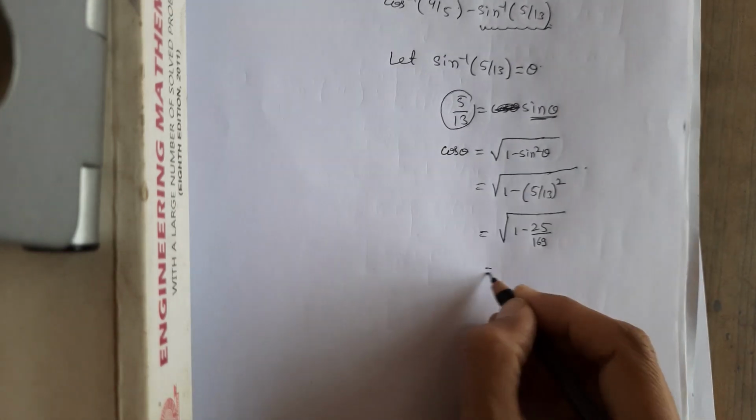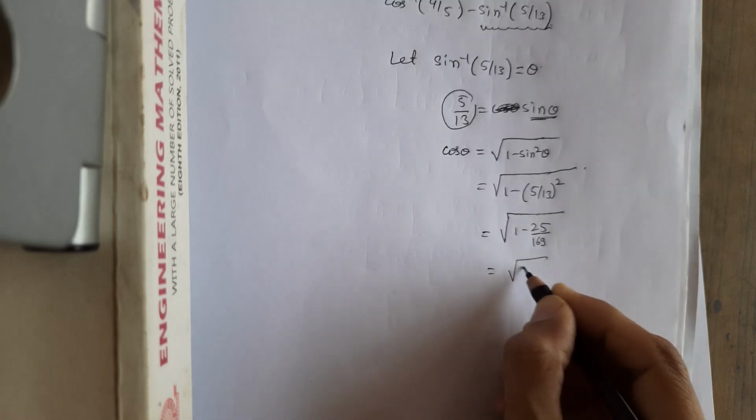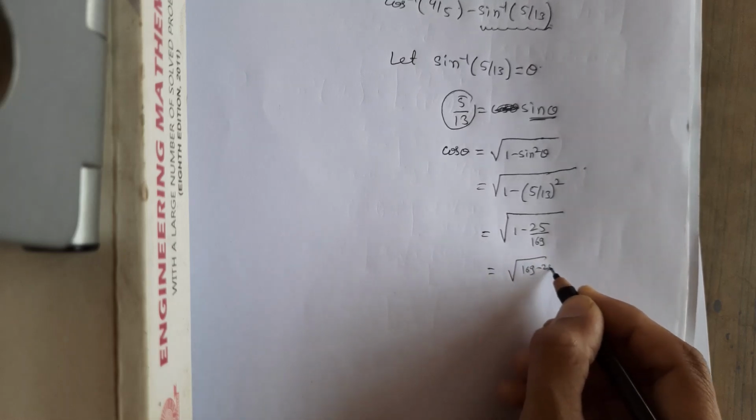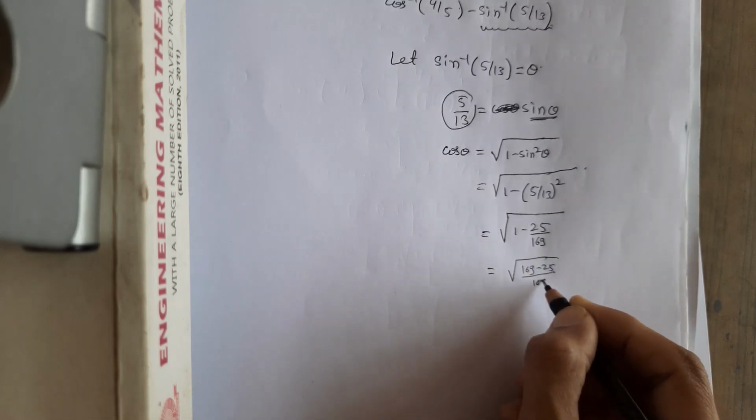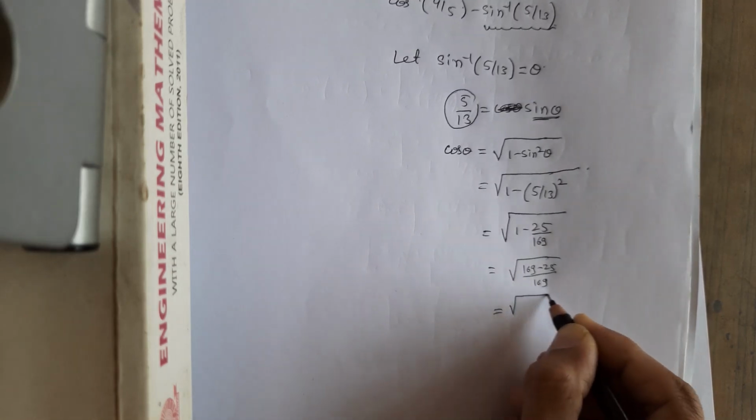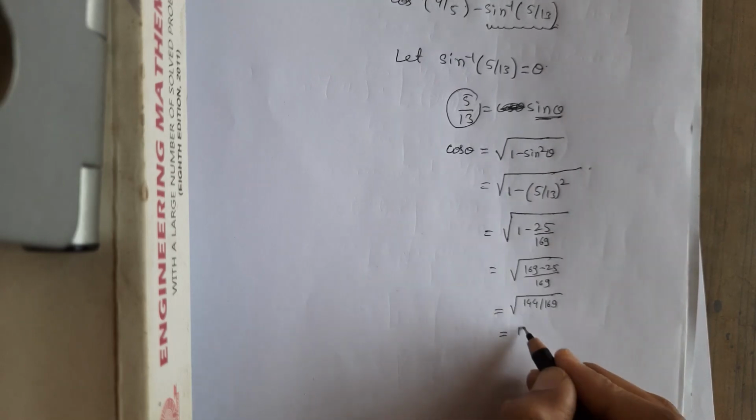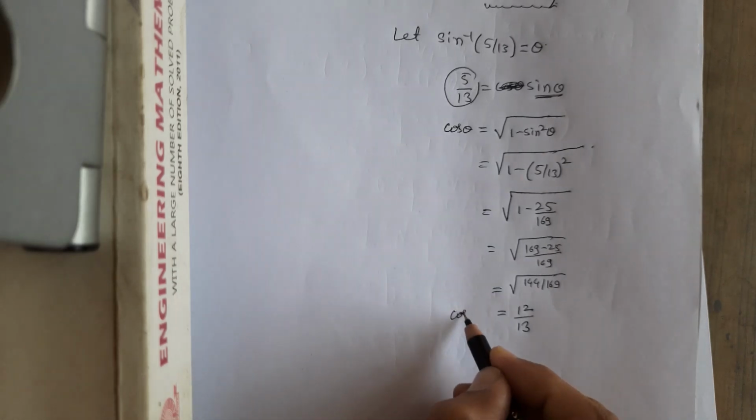Okay, so I am just solving it. 169 minus 25 divided by 169, which is equal to 144 divided by 169, and when I take it out of the root sign, it will be 12 by 13. So that is the value of cos theta. So therefore theta equal to cos inverse of 12 by 13.